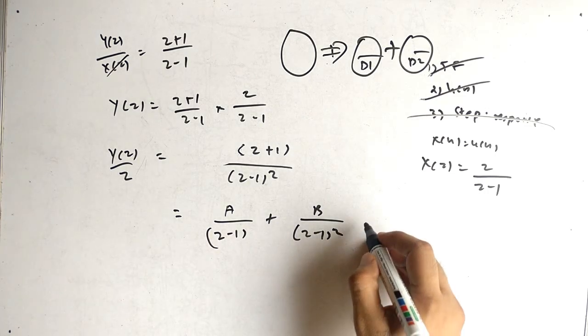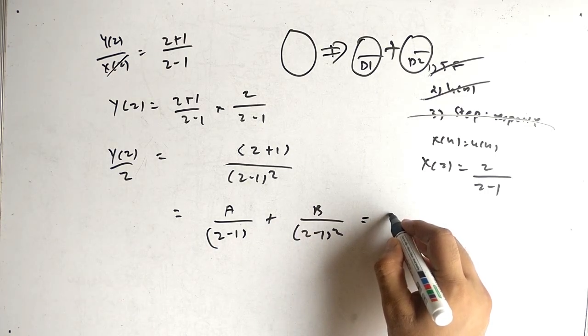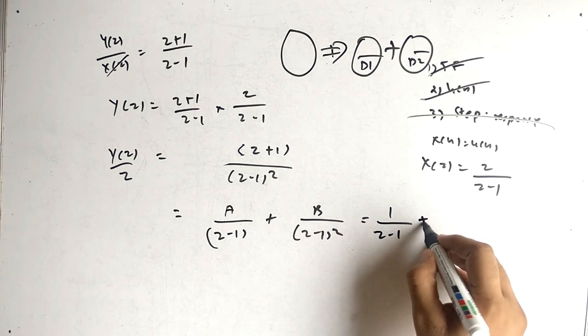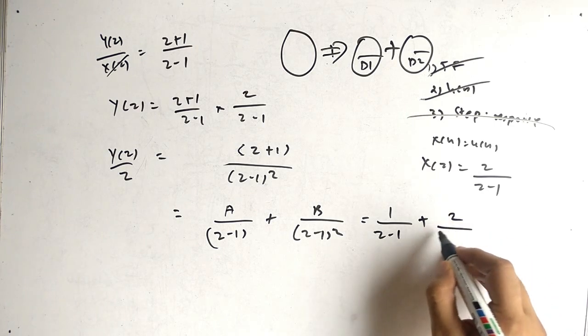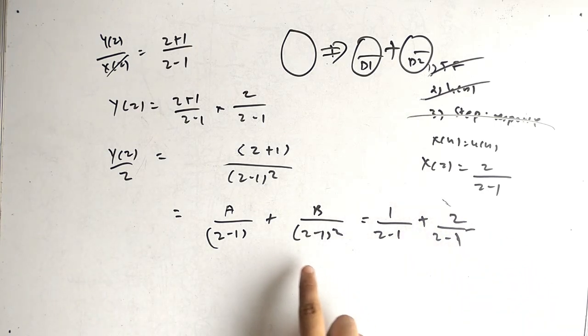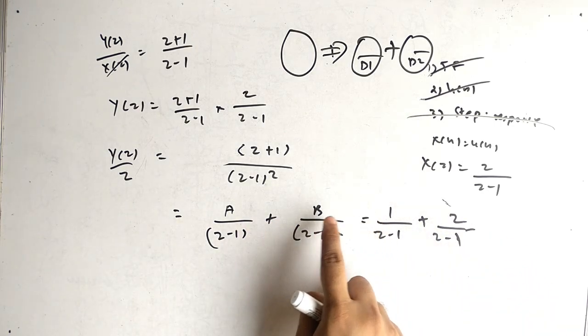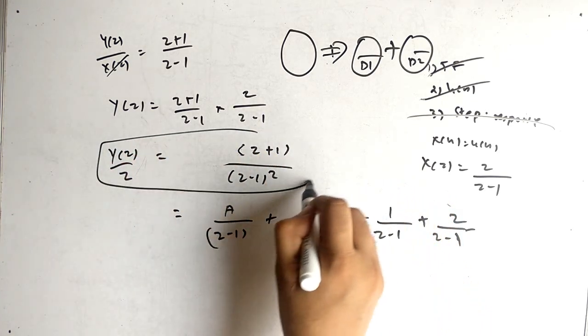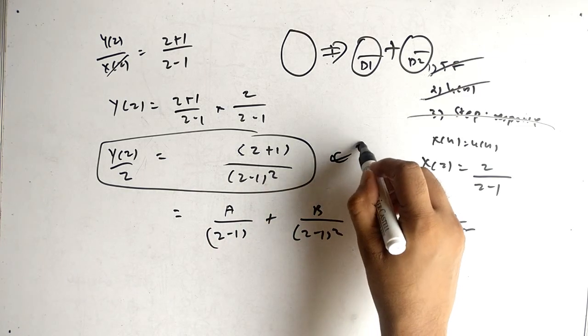After solving that, we get the values of a and b: 1 by z minus 1 plus 2 by z minus 1 the whole square. So for a we get 1, for b we get 2. I hope you know how to solve this partial fraction to get a and b.